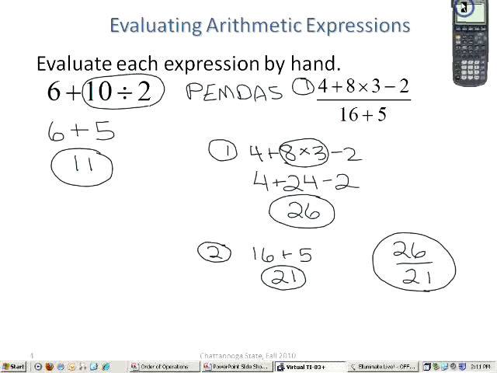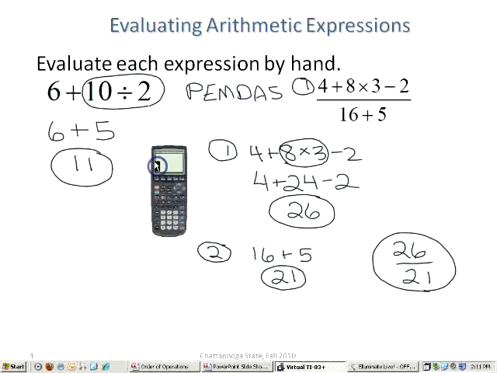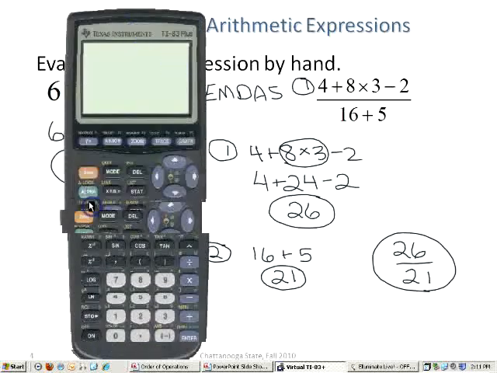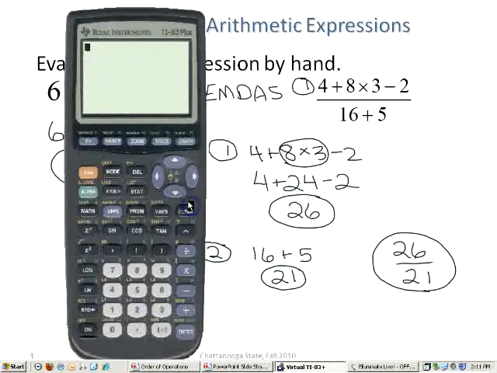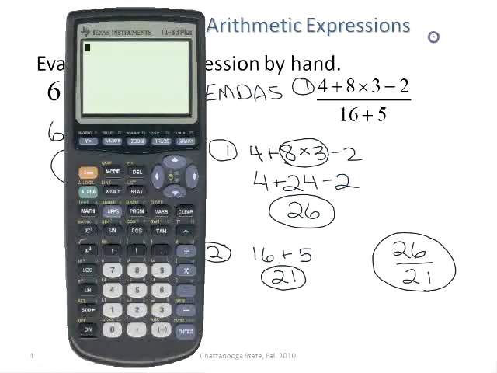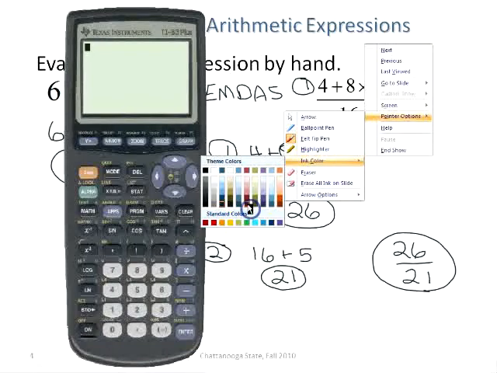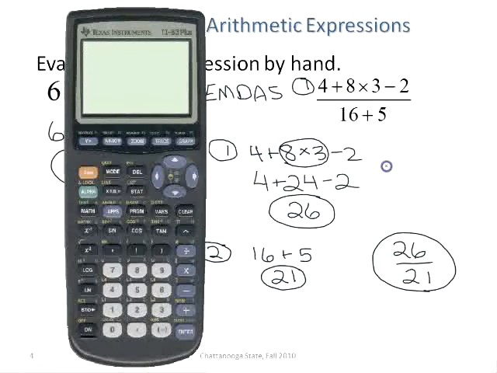Now I want to show you how you would put a problem like that into your calculator. Your calculator is programmed to do the correct order of operations, but you have to type it in correctly for it to know what to do. So if we're going to type a problem like this that has a numerator and a denominator in it, we need to be sure we type that with parentheses. I'm going to change my ink color so you can see what I'm doing here. We'll change it to brown for just a second.